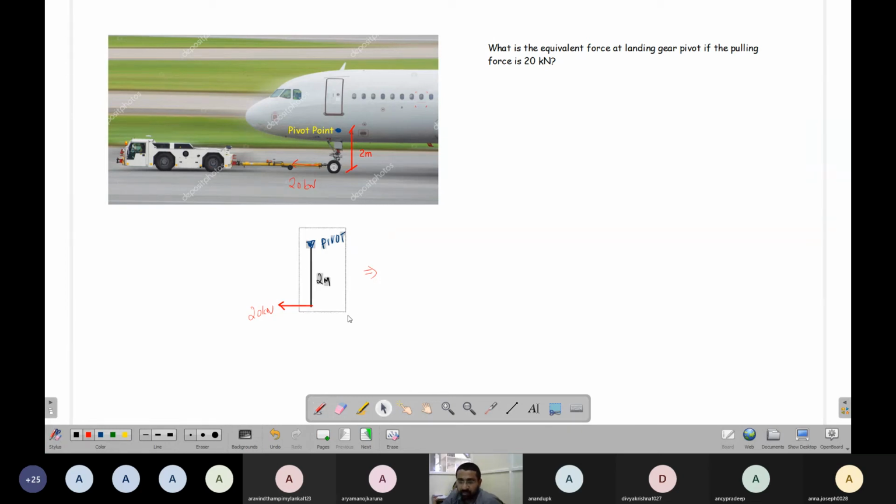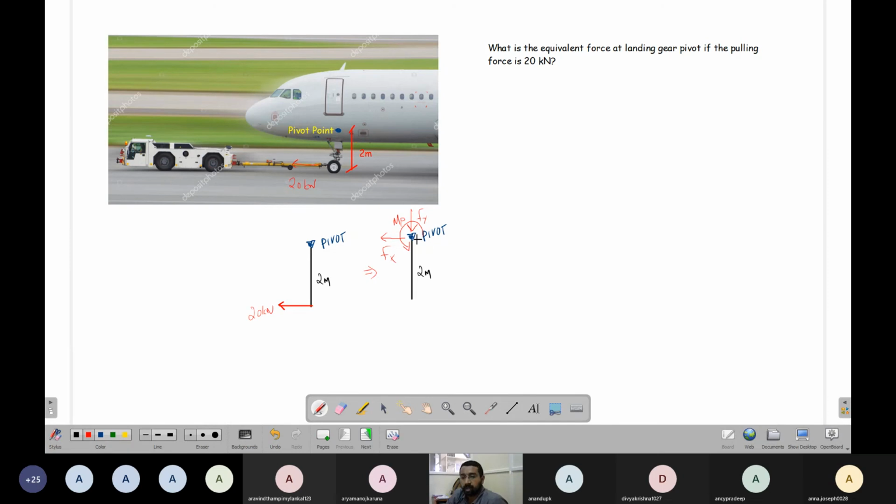So basically, if I make a copy of this pivot, I have some force here. I don't know what, but I have an intuition that it will be in this direction. So this will be Fx. There can be a force in this direction, Fy, and there can be a moment, anticlockwise or clockwise, let's assume MP.